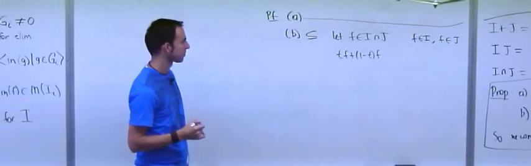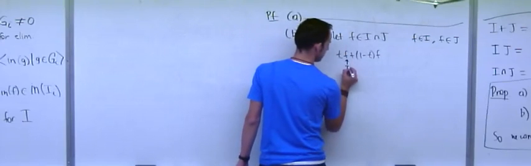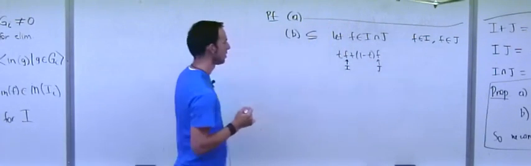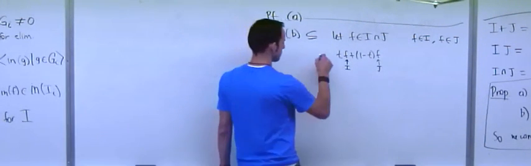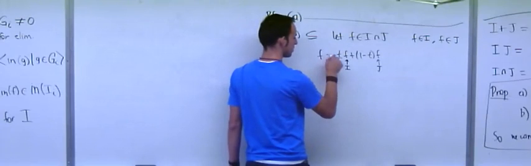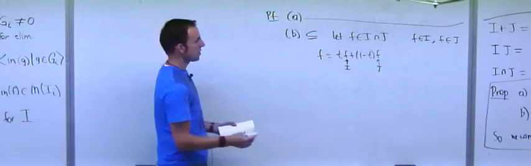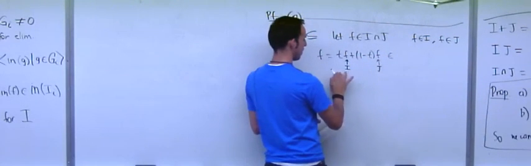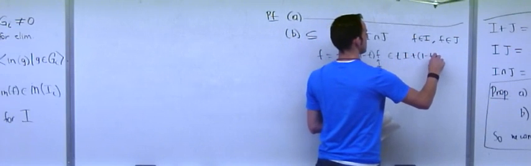So this guy lives in I, and this guy lives in J. Now, f is equal to this, right? So that's clear. And in the way that I'm writing it, this is a member of Ti plus 1 minus Tj.